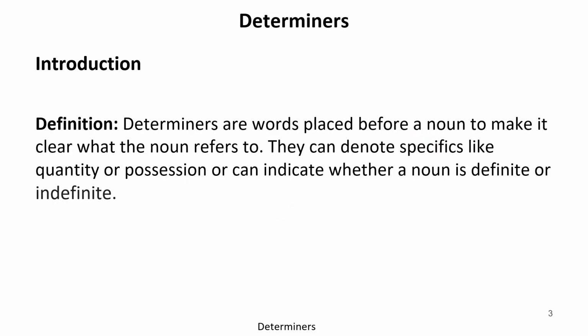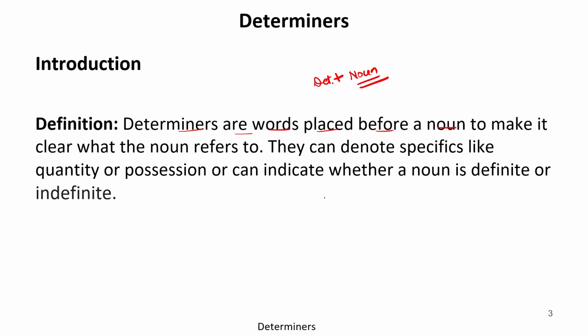Now, the introduction. Let us see the definition of determiners. Determiners are words placed before a noun. Now, this thing is very important. A determiner can only be placed before a noun, but that doesn't mean only before the noun. But this is important that the noun is important over there. It means a noun should be there in the sentence, and the determiner is going to qualify the noun only.